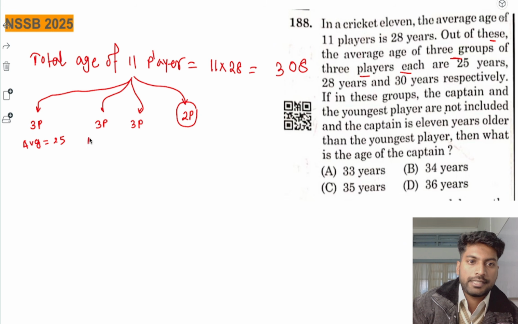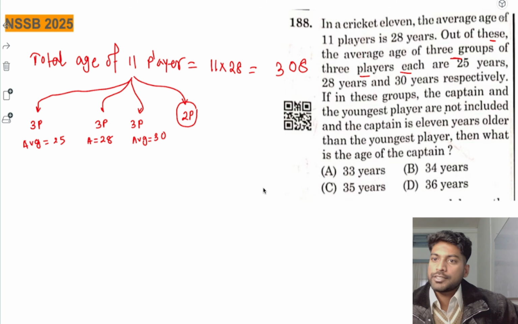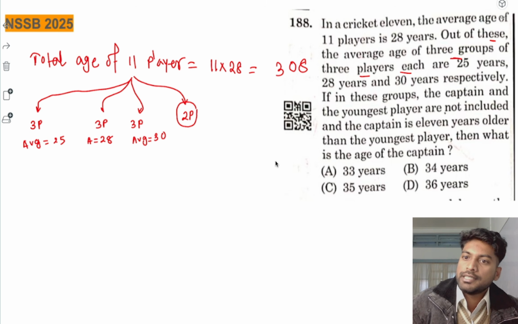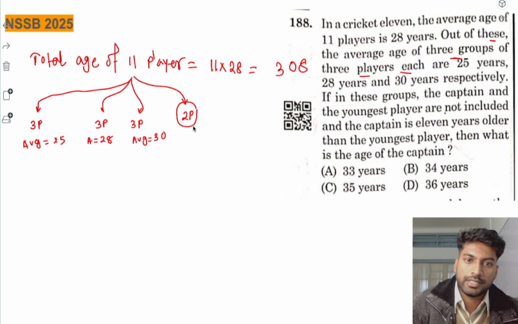Here average that is 28. Here average that is yours 30. Okay, after that they are saying if in this group the captain and the youngest player are not included, and the captain is 11 years older than the youngest player, so it means here the captain and the youngest player are there, na?